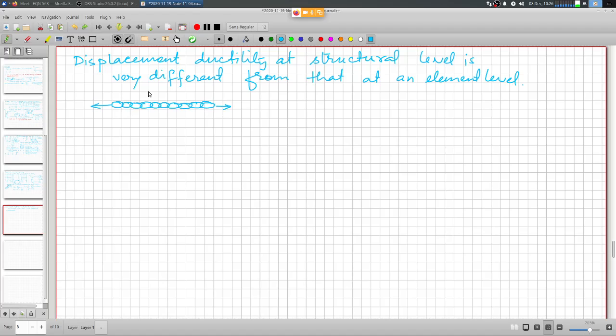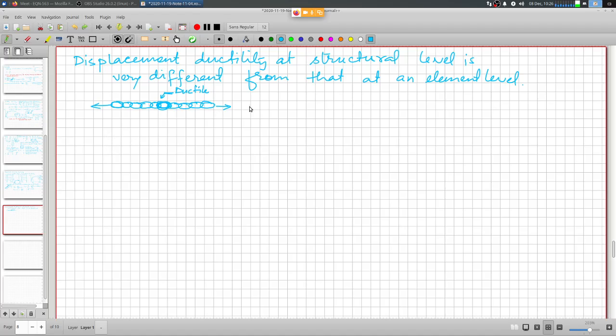So let's say a series of links together, right? These are rings that are interconnected with each other, and out of that, let's say one particular link is a ductile link, right, and all the others are brittle links.